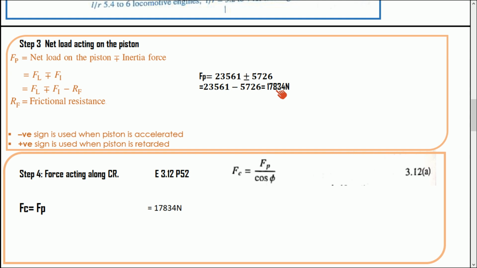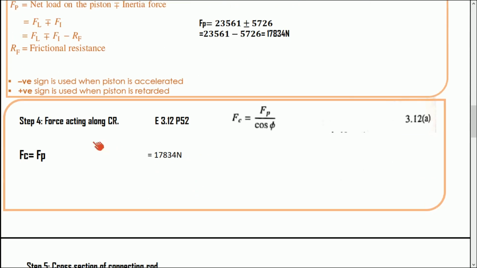Now moving forward with step number 4, we have the force acting on the connecting rod. The equation is equation 3.12, page 52. I think you all are familiar with this equation because in the previous lecture I showed you the data handbook, what all equations are there and how to use them.